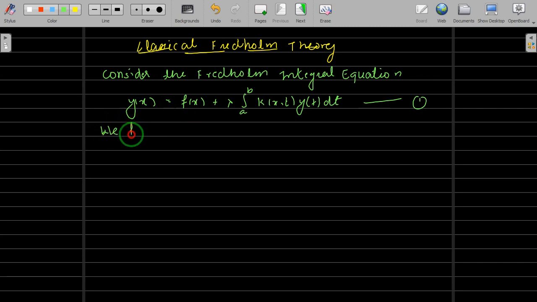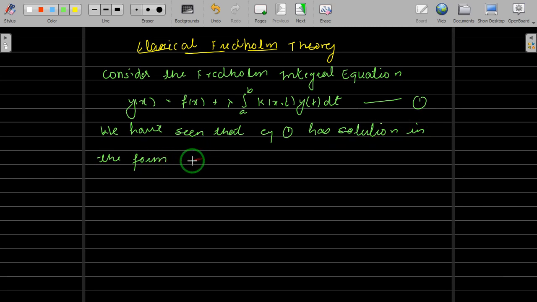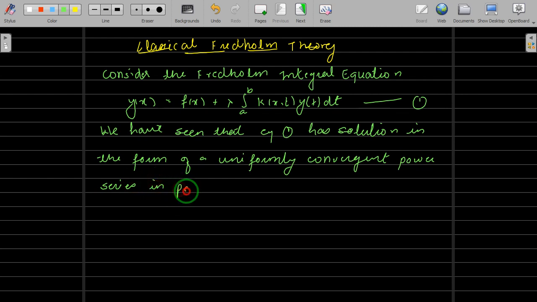So we have seen that equation 1 has a solution in the form of a uniformly convergent power series in the parameter lambda, and then again you have seen that mod of lambda is less than beta and those things.